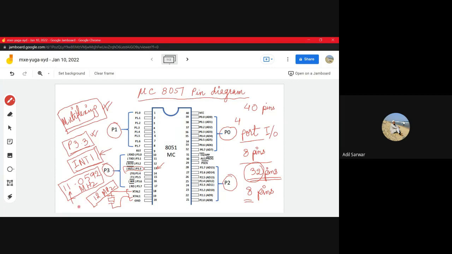So you have to remember that we use both 12 megahertz as well as 11.0592 megahertz crystal oscillators for 8051.